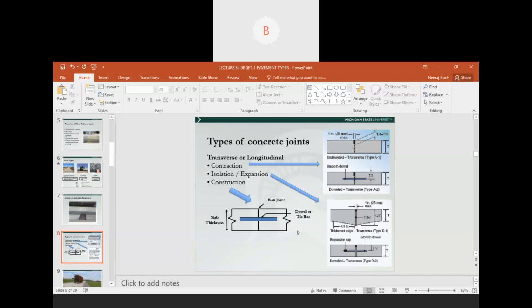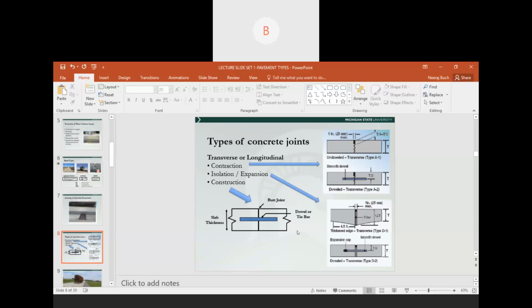Because if the slab had no contraction joint and the slab moved back and forth, eventually there will be a transverse crack, because the slab needs to release the stress built up due to the expansion and the contraction. So the contraction joint, which is placed in the transverse direction, is designed to absorb the movements due to environmental stresses, because the slab goes through movement because of the changes in temperature. So that is very critical.